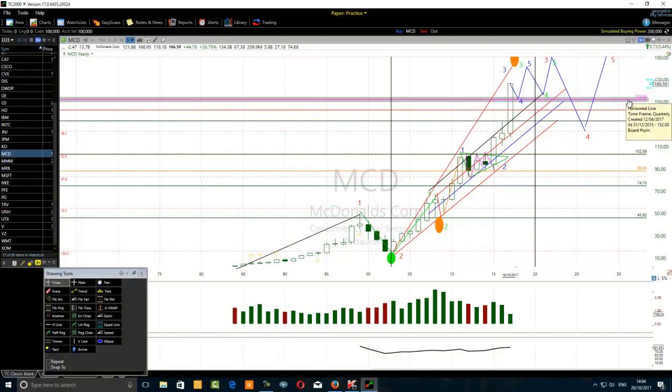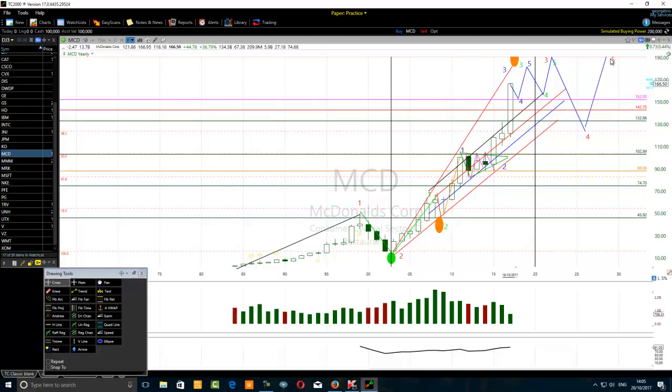All right. Okay, so first wave of a higher degree, second wave of a higher degree, third wave of a higher degree, we are paying attention to the red line. Fourth wave of a higher degree, expectation of the fifth wave of a higher degree, expecting it to go up more. All right.